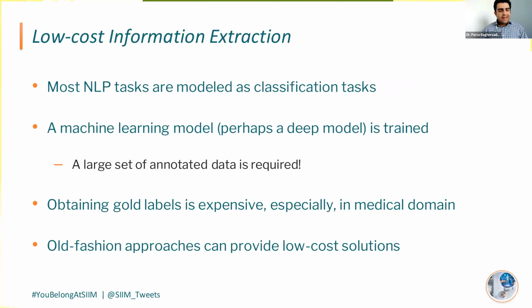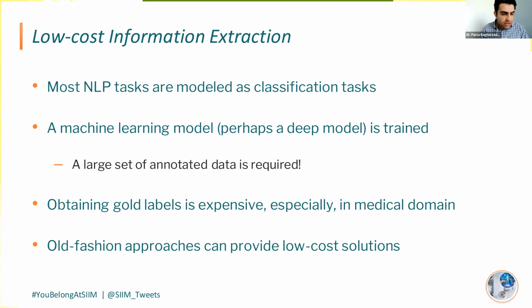So the theme of my talk is actually low-cost information extraction, because anybody can gather a large set of training samples, and then train a deep model or a machine learning model, and then be happy with it.